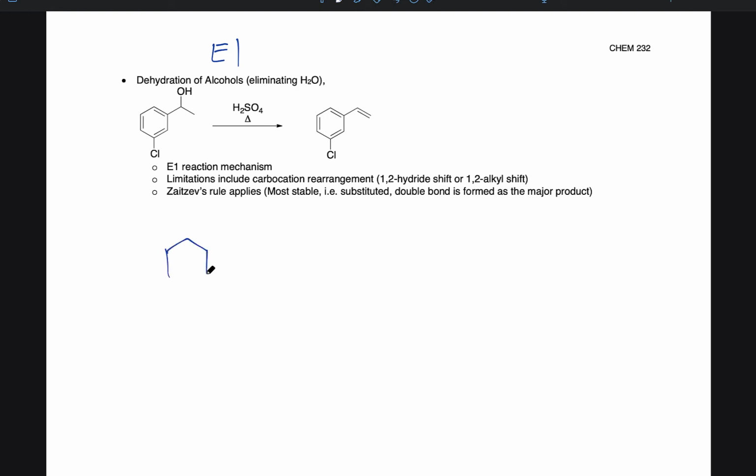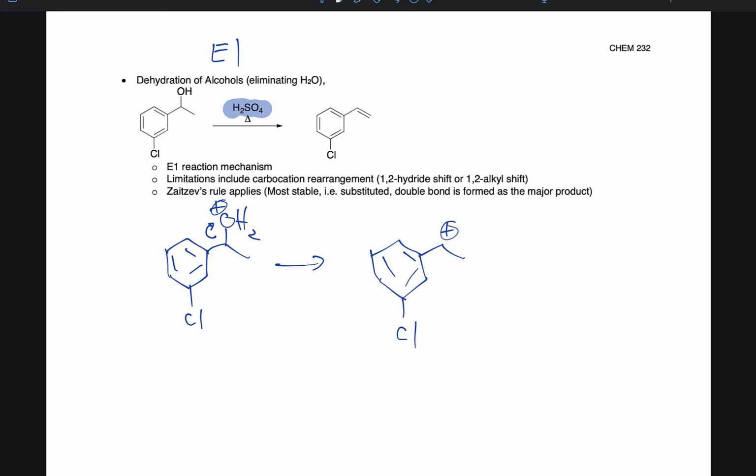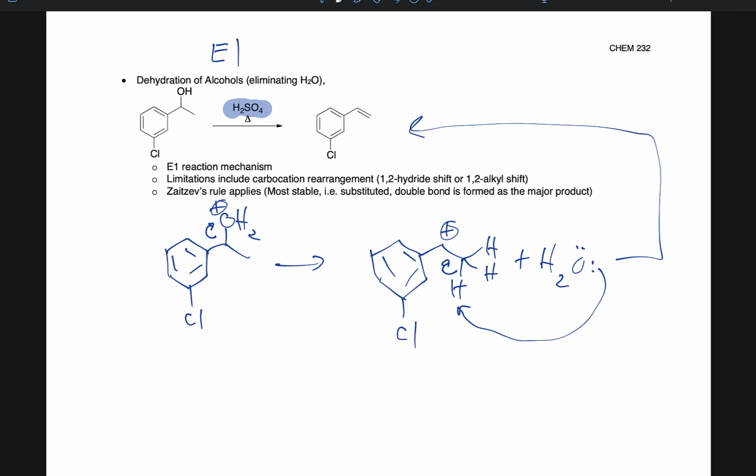So very similar to the last SN1 reaction, we have OH becoming OH2 plus when it reacts with acid here, and then it leaves on its own to generate our carbocation, which can do resonance, so it's pretty stable. Then we have something come in, water for example, and grab one of these protons to make our alkene, which is another way to make alcohol leave as a leaving group.